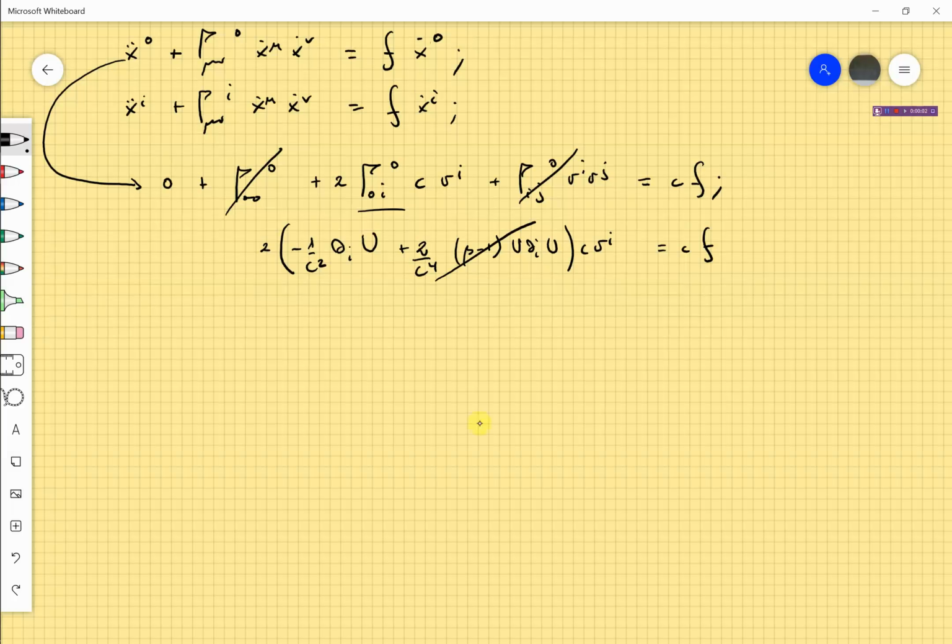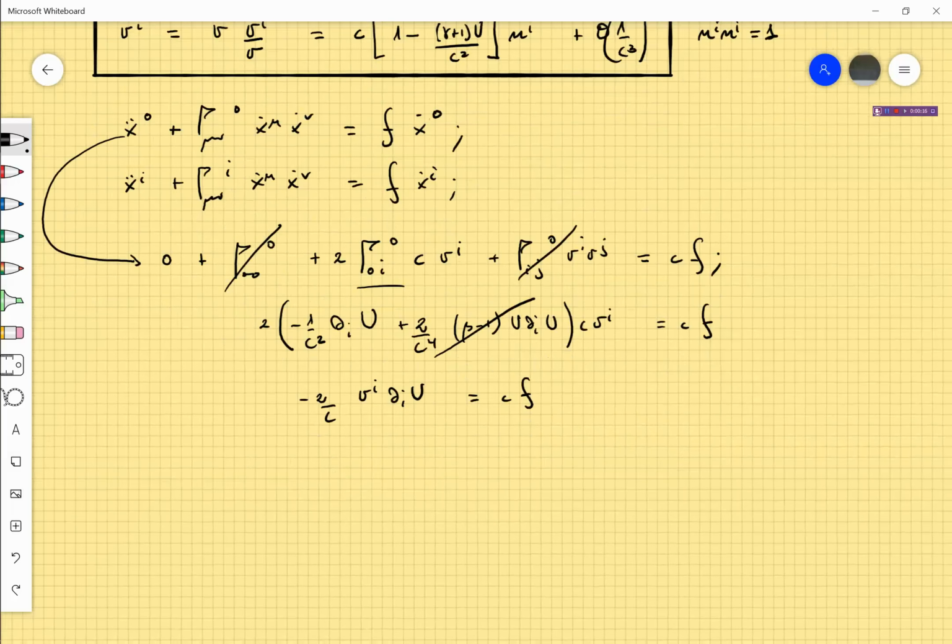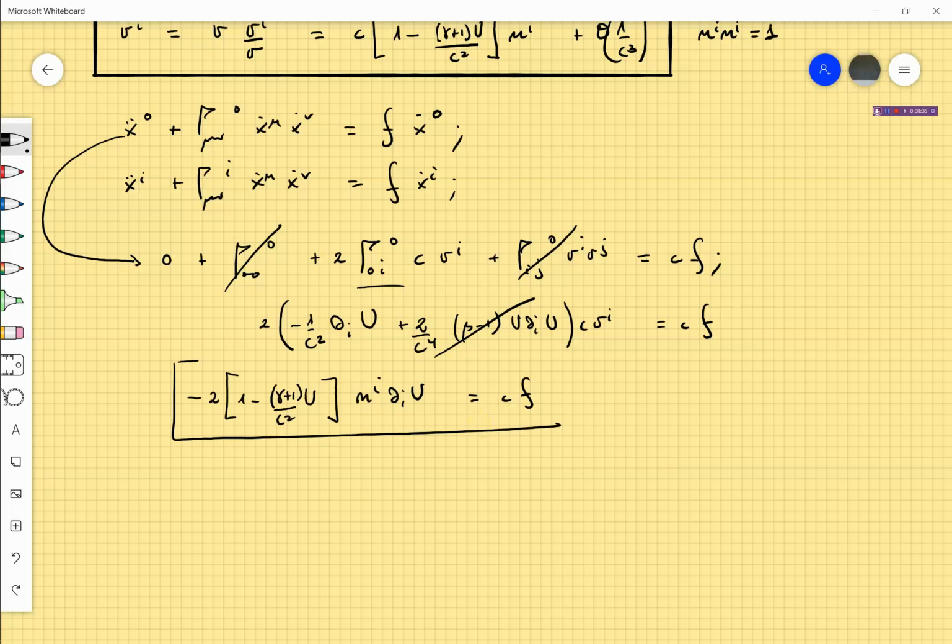This is minus 2 over c v^i partial i u, and this is the value of c f. But we have an expression for v^i, which is this one, so this is minus 2 (1 minus gamma plus 1 divided by c squared u) N^i partial i u, and this is the expression for c f, which is something that we can evidently use here.